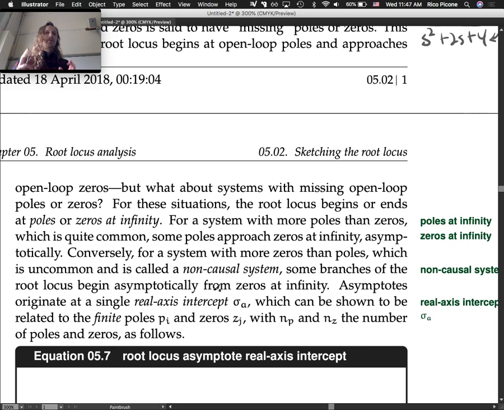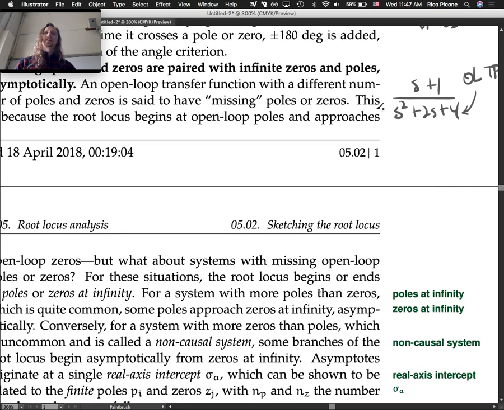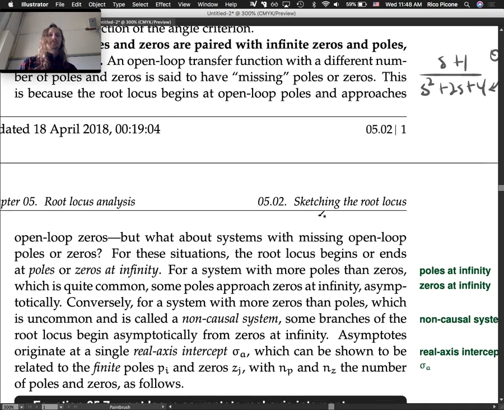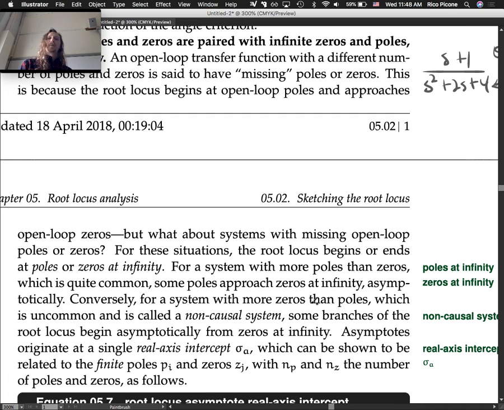So it's a term. For a system with more poles than zeros, which is quite common, we saw something like this a lot, right? This is pretty common to see. Some poles approach zeros at infinity asymptotically, okay? So that is the more common situation.